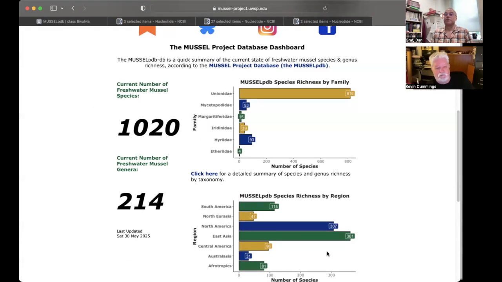Another fun fact about the dashboard here is many of the talks at FMCS last week always throw out Eastern North America as the diversity capital of the world for freshwater mussels. When if you look at the dashboard there, East Asia has passed us in recent times.